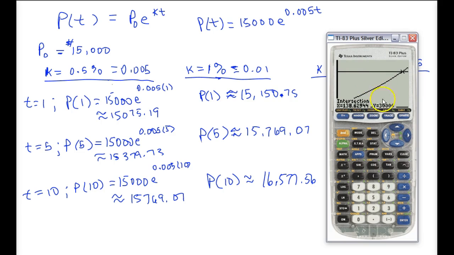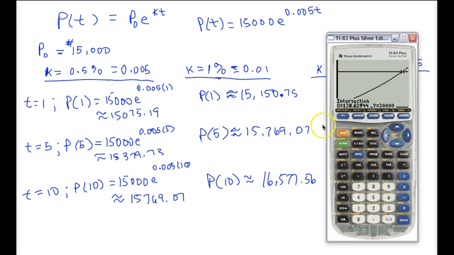So if we put our money into an investment that earned 0.5% annual interest per year, compounding continuously, we would have to wait almost 139 years to have our money double. That is probably an issue for you, being that most of us, or any of us for that matter, do not live to be 139 years old.